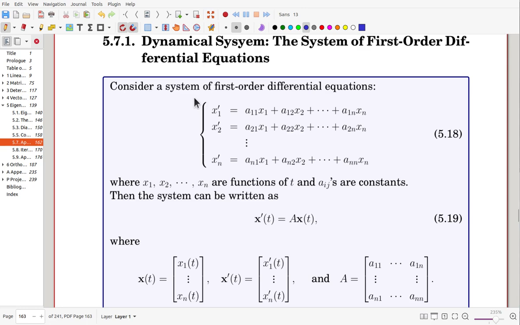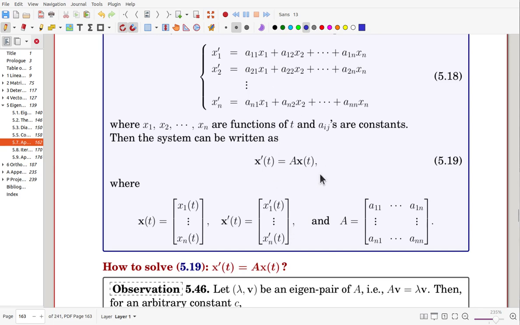Then this kind of system is called a dynamical system. By using a matrix, we collect the coefficients to form the matrix. Then we can write the system in this way.